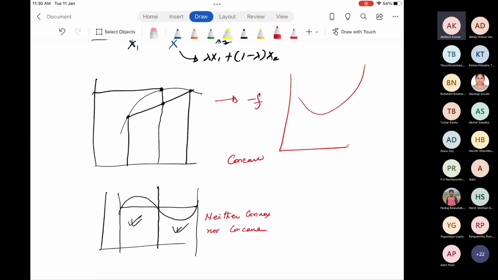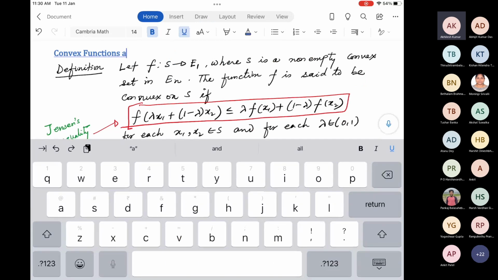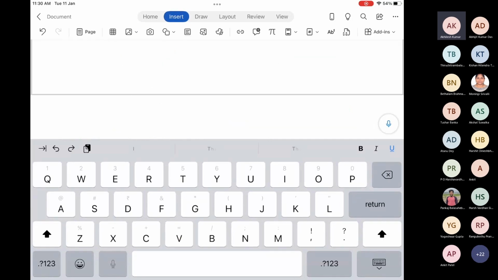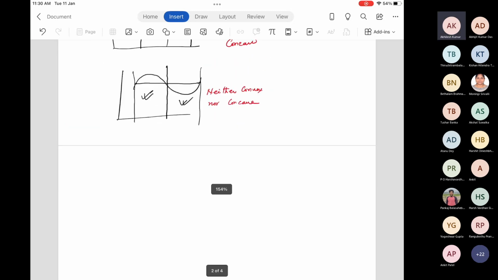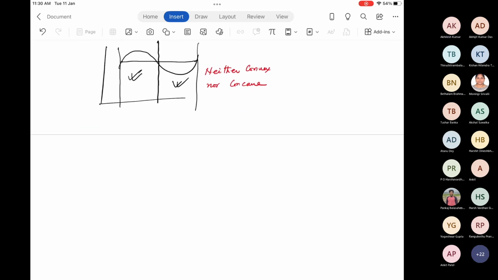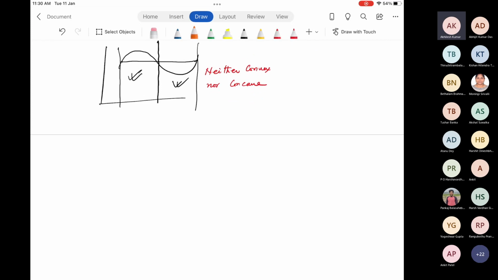So let me add some pages. Insert pages. Okay. So if I ask you an example, is an affine function, or also call it a linear function, convex or concave?